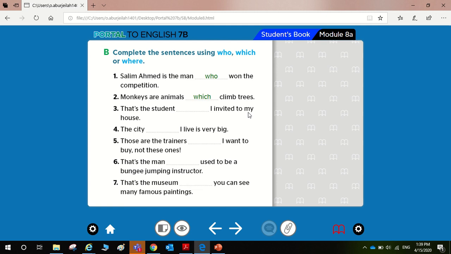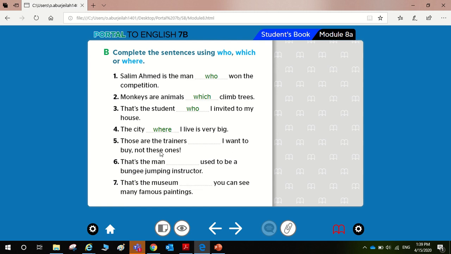I invited to my house. What is the suitable relative pronoun here? Who or which? Yes, excellent. Who. The city I live is very big. The city, the place. Where? Excellent.